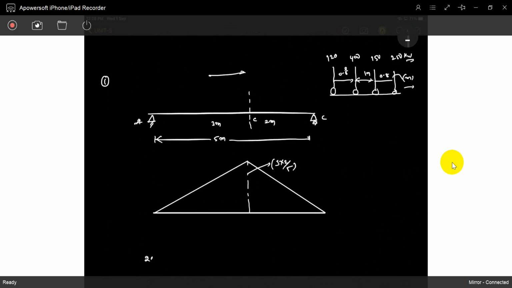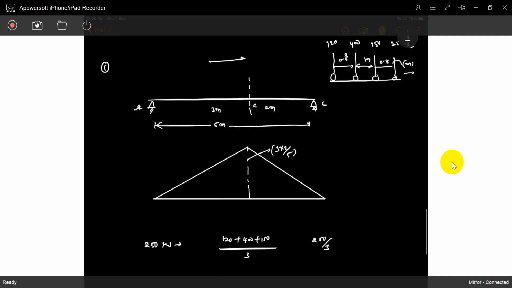So see, 250 kilonewtons is passing the section C. So average load on CA is 150 plus 400 plus 150 divided by 3, it's 250 by 3. So which one is higher? 250 by 2. Compulsorily it is higher. So AC is higher than CB.